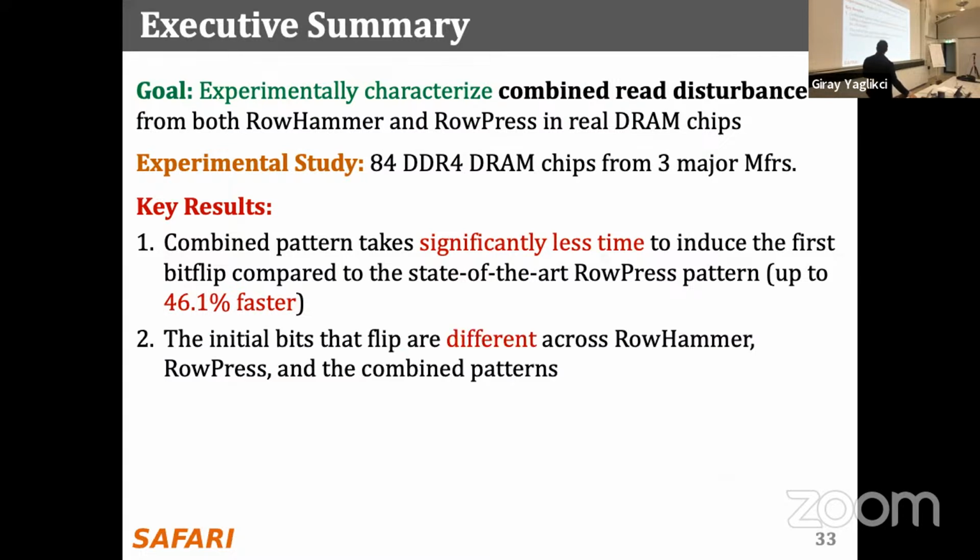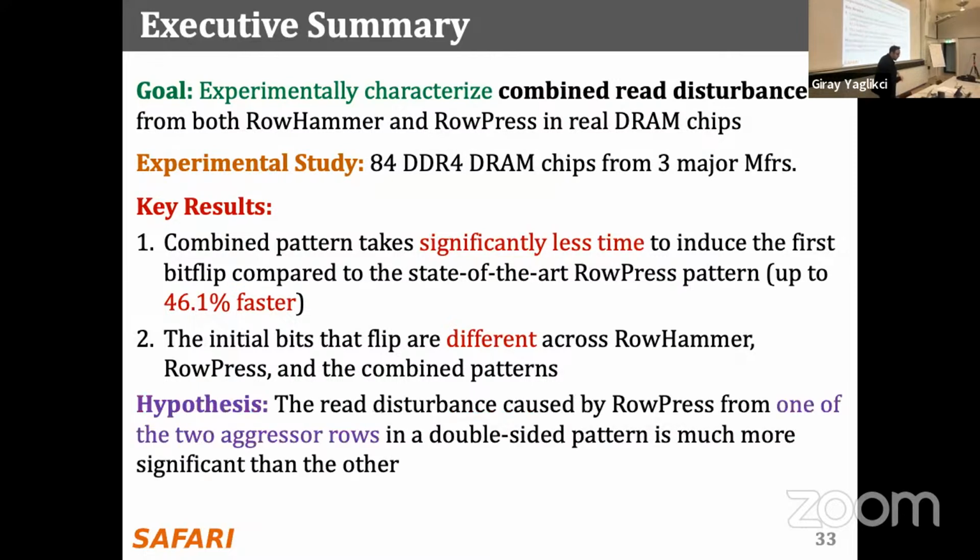Our key results show that the combined pattern takes significantly less time to induce the first bit flip compared to both RowPress only or RowHammer only. The initial bits that flip are different across RowHammer, RowPress, and combined patterns. Our hypothesis is that the read disturbance caused by RowPress from one of the two aggressor rows in a double-sided pattern is much more significant than the other one.